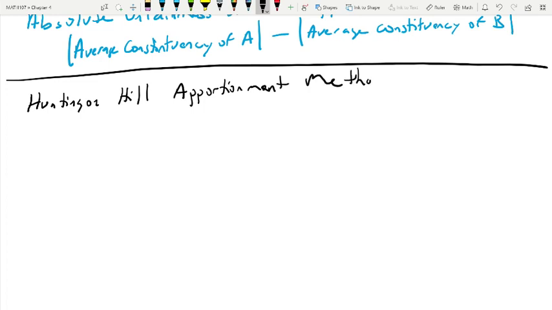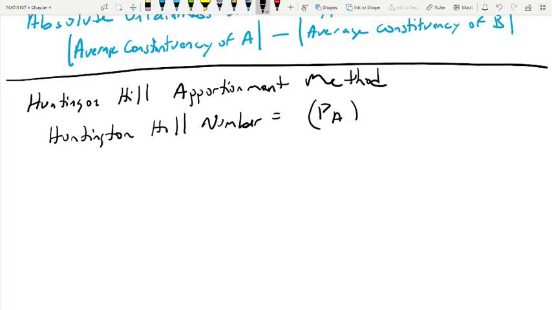Here you get the Huntington Hill number, and the way you get that is this. It's the population of the state squared, divided by the number of representatives they have times the number of representatives plus 1.